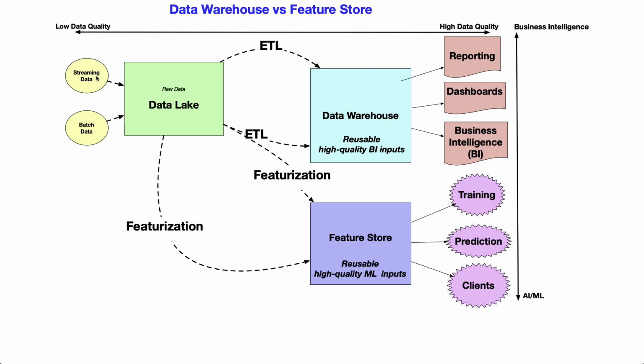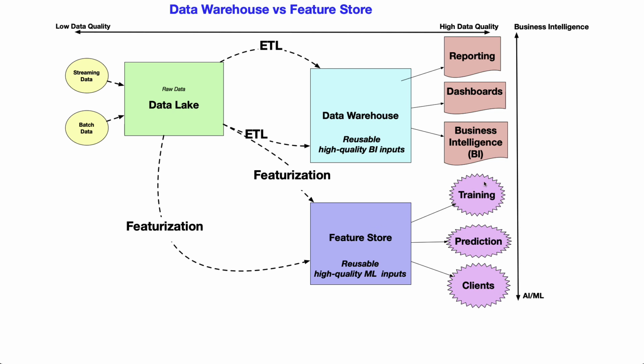The inputs could be streaming data or batch data, but a feature store is kind of similar, except instead of serving out reports that are basically descriptive statistics, you're doing predictions.